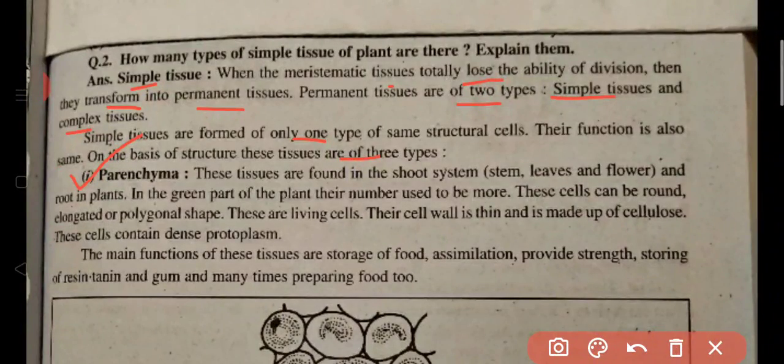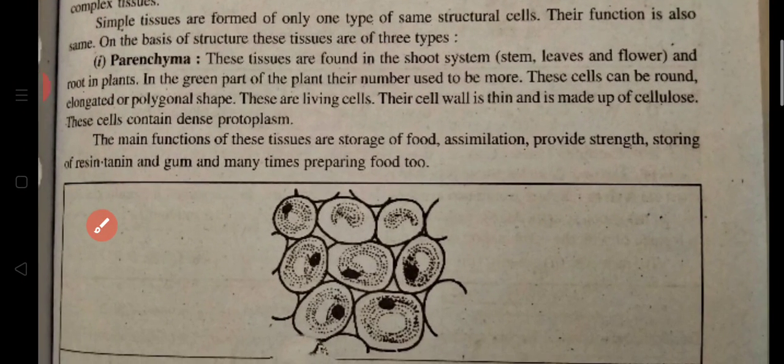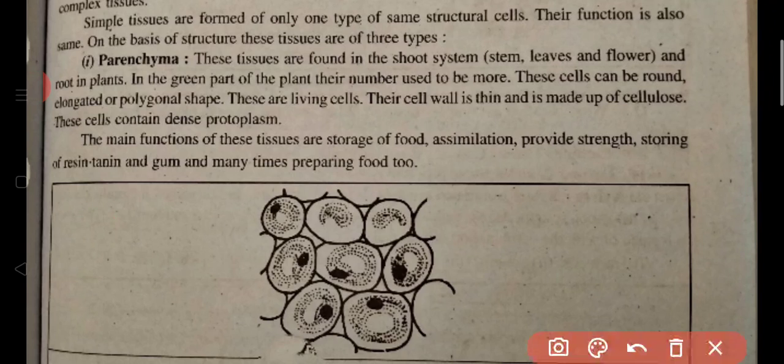Okay, and they are formed of round or fine walled cells, and their cell wall is made up of pectin.